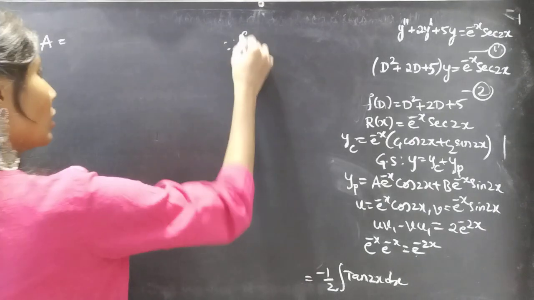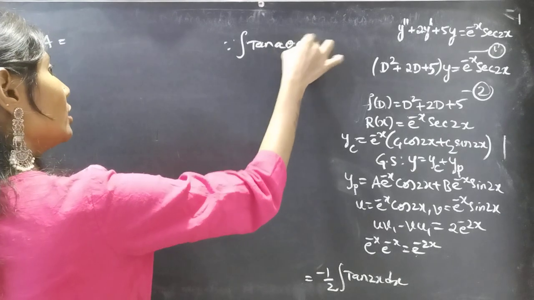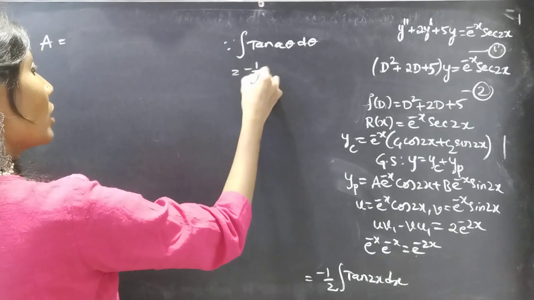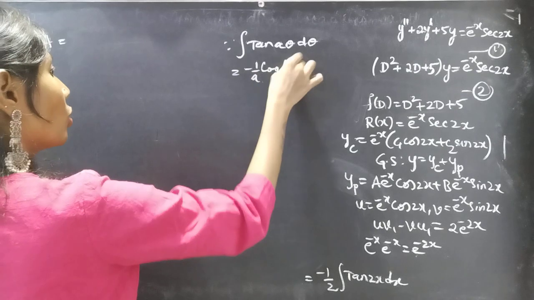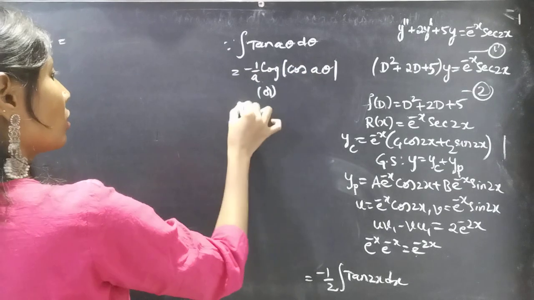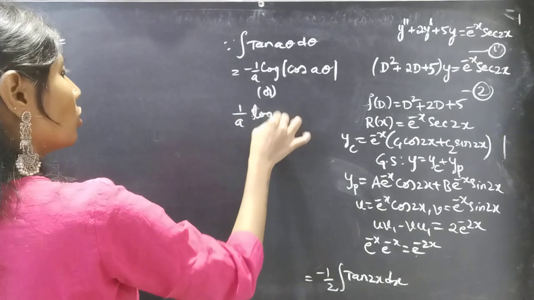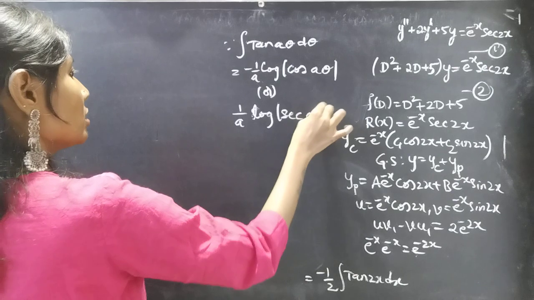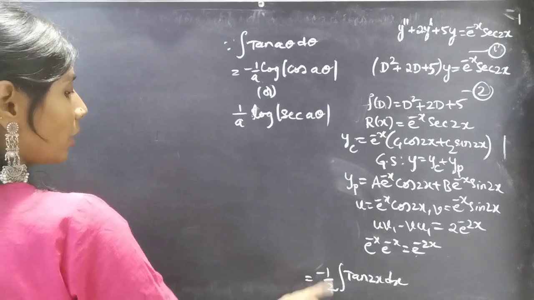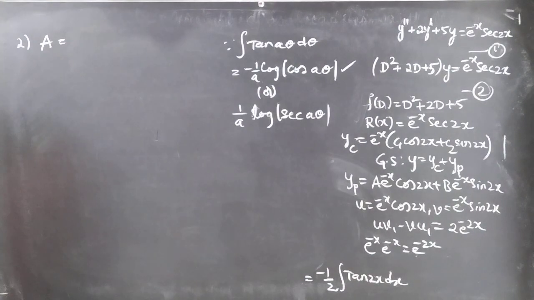Since the integral of tan a theta d theta equals minus 1 by a log mod cos a theta, or 1 by a log mod secant a theta. Here we already have minus 1 by 2, right? So I'll pick the first one, minus 1 by a log mod cos a theta.